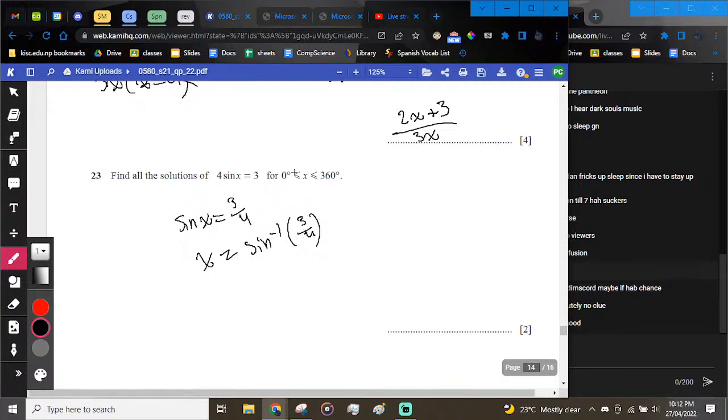Type that in. That gives x equals 48.6. And since it's asking for 0 to 360, it's going to be 2 solutions because, you know, the sine wave repeats itself in 180 degrees.